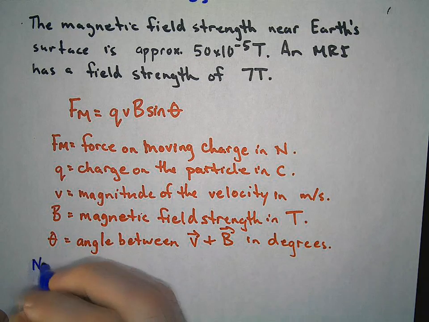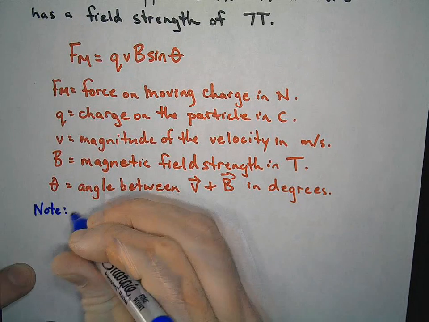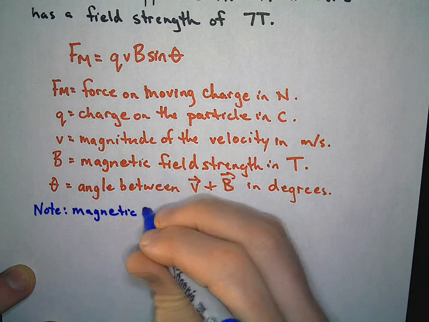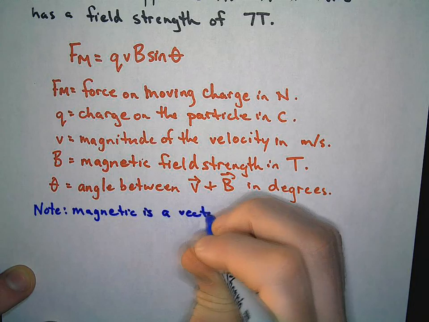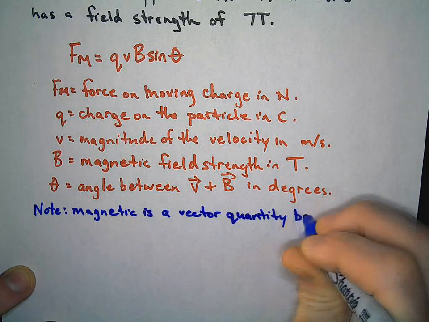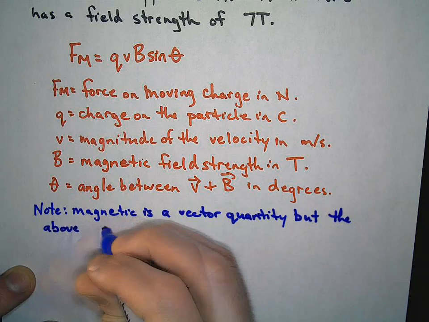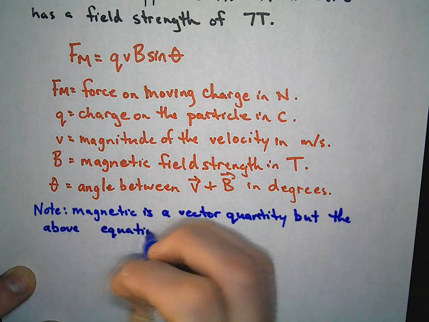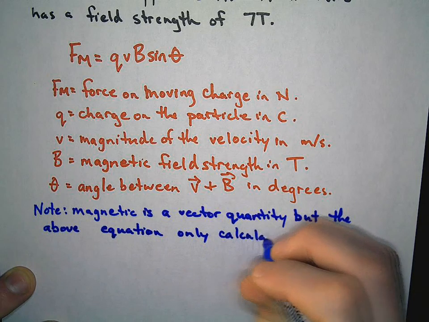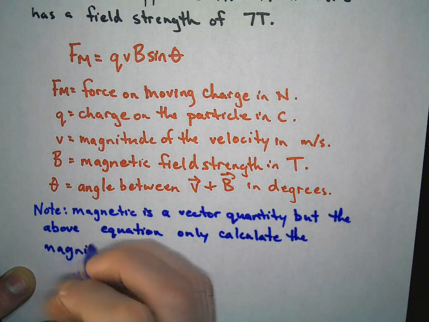Note, because we're dealing with force, magnetic force is a vector quantity. But the above equation only calculates the magnitude of that magnetic force.